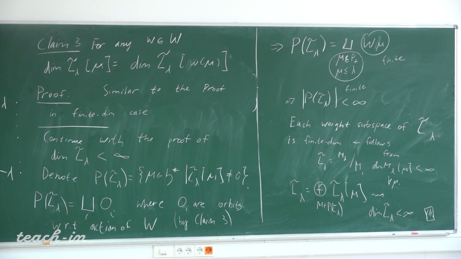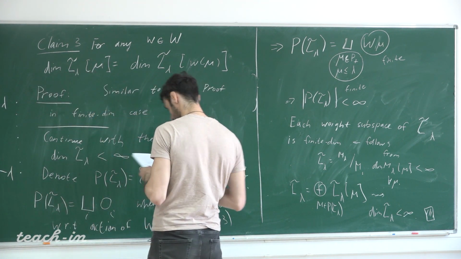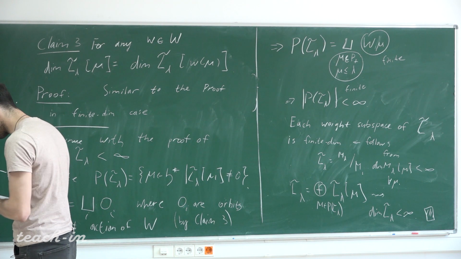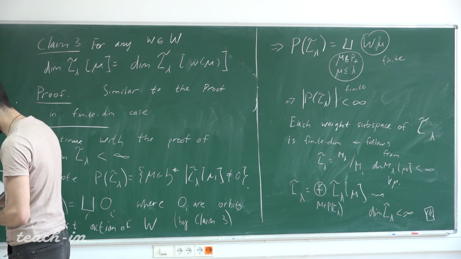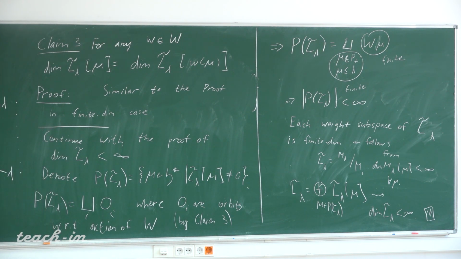Characters give us a way to decompose representations into irreducibles. So it's an important instrument, and we know already what characters are from the first semester. So let us now generalize it to the setting of all semi-simple algebras. All right.